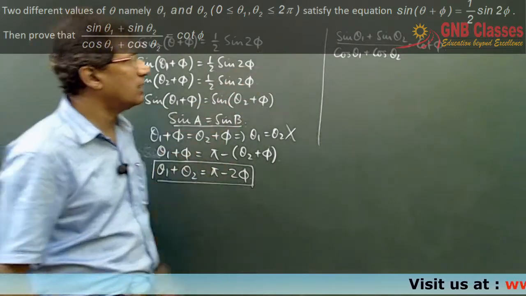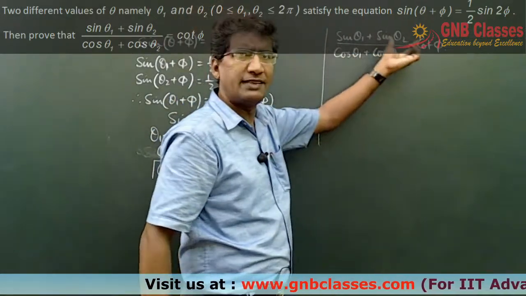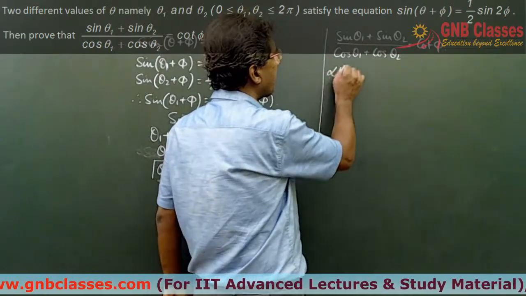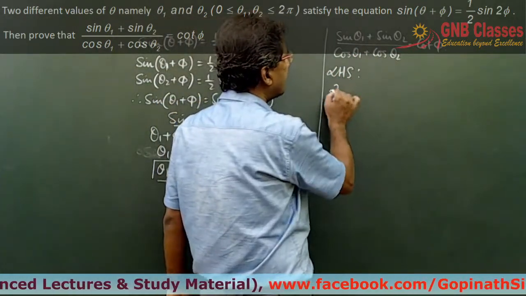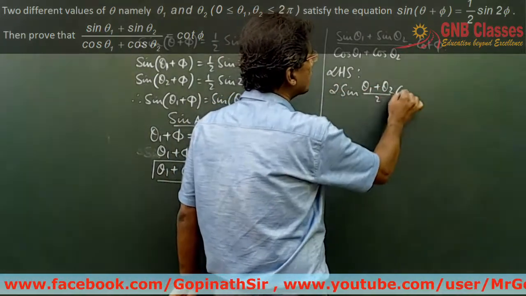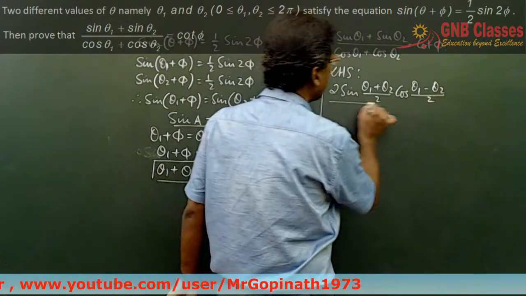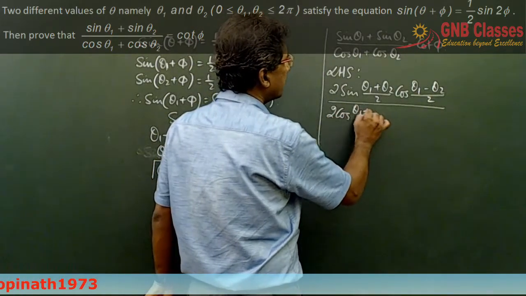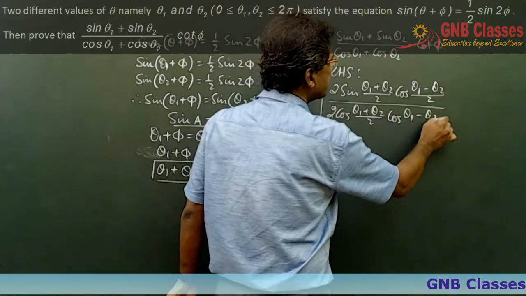Now let us come to the proof part. We have to prove that (sin θ1 + sin θ2) by (cos θ1 + cos θ2) is cot φ. Let us take LHS. If we apply the sin C plus sin D formula, we get 2 sin((C+D)/2) cos((C−D)/2), divided by, applying the cos C plus cos D formula, 2 cos((C+D)/2) cos((C−D)/2).